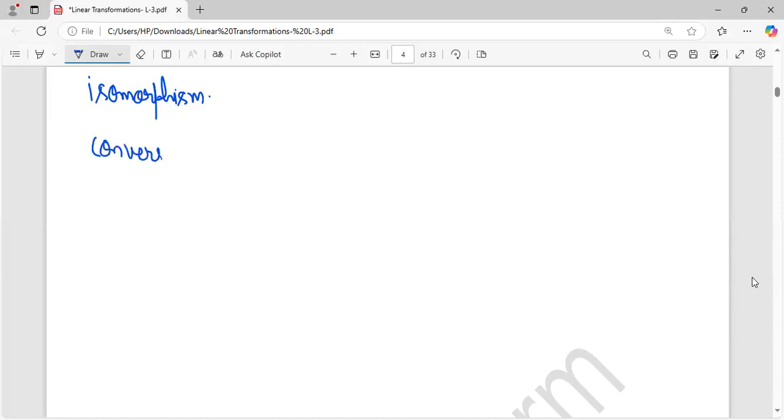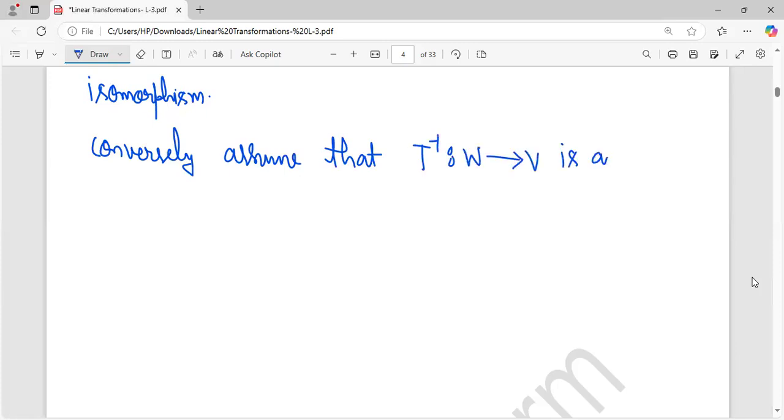Conversely, assume that T inverse from W to V is an isomorphism.